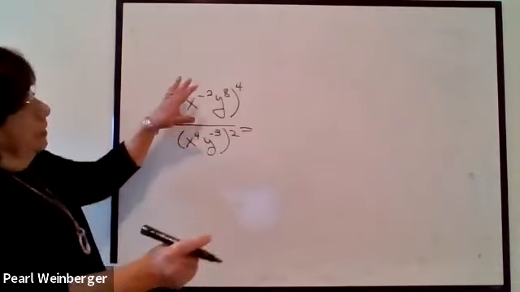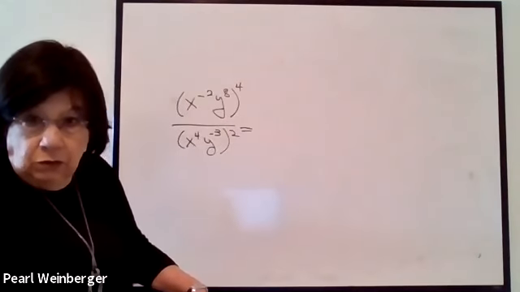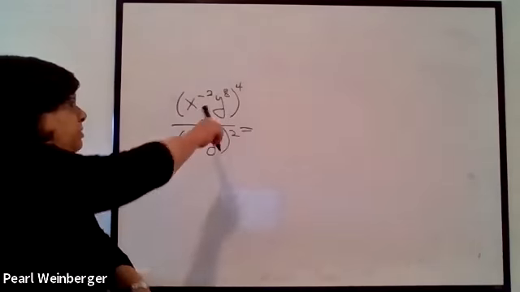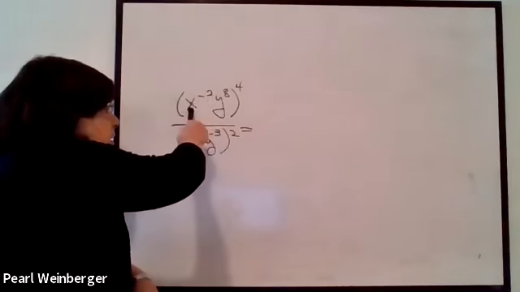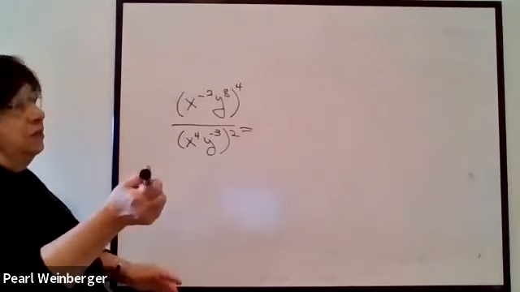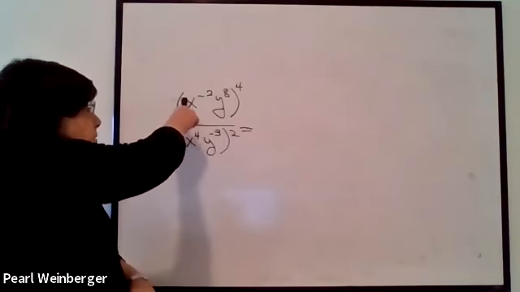Okay. Parentheses. First thing we want to do is remove the parentheses. So in order to remove the parentheses, we've got to distribute the exponent that's on the outside. In both cases, the coefficients here are 1, so that makes it a little easier. I don't have to do anything with those numbers.